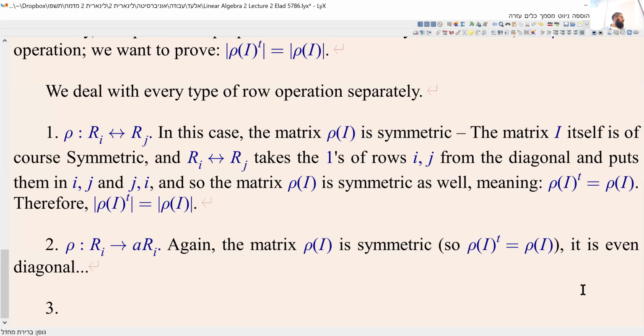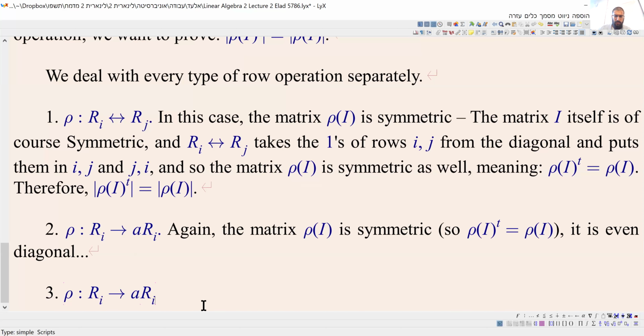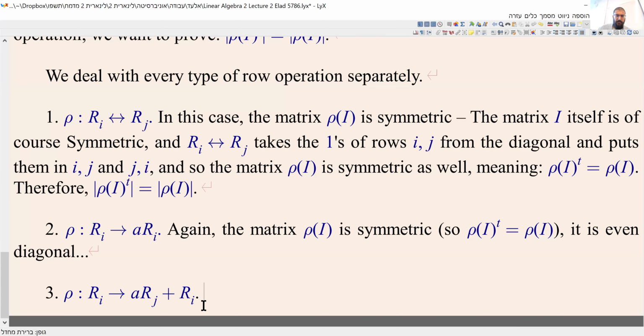And our favorite type of row operations, adding A times R_j to R_i. Yes, first we start with the proof for the elementary matrices, right? That's our third and favorite row operation.